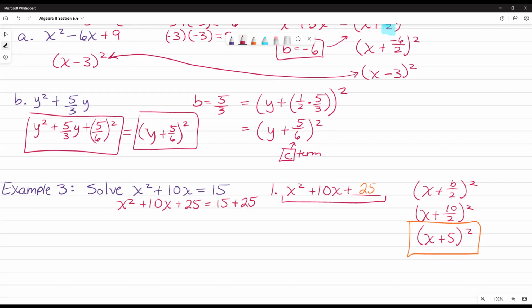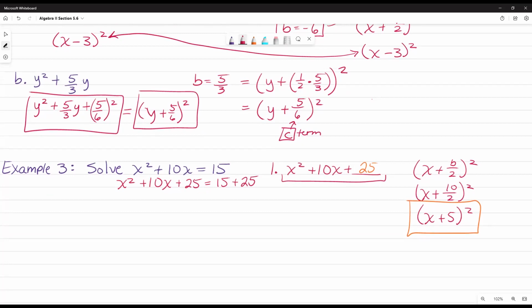But if you do anything to one side of an equation, you have to do it to the other. So I'm going to go ahead and turn the x squared plus 10x plus 25 into my perfect square binomial. I'll just keep the notes so you've got them. And then 15 plus 25 is 40.